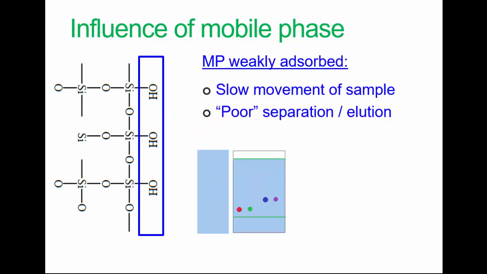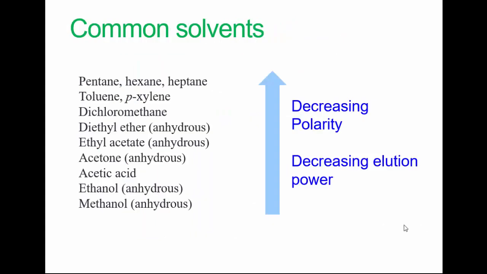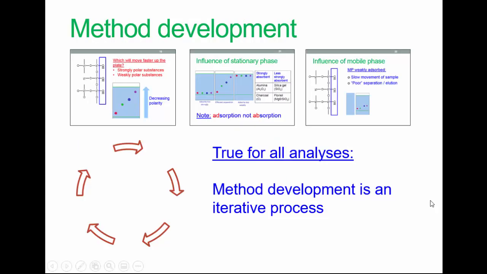On the other hand, if the mobile phase is weakly adsorbed, the sample will move slowly up the plate, leading to poor separation. Okay, just some examples of common solvents. There's a gigantic amount of literature on these systems. Okay, moving on. Just to reiterate, the key is successful method development, given that the actual analysis is often quite straightforward.